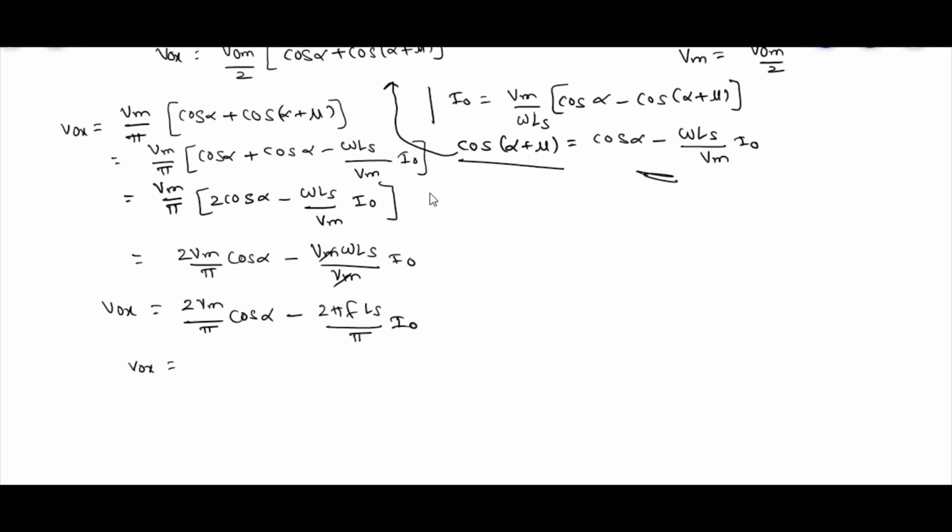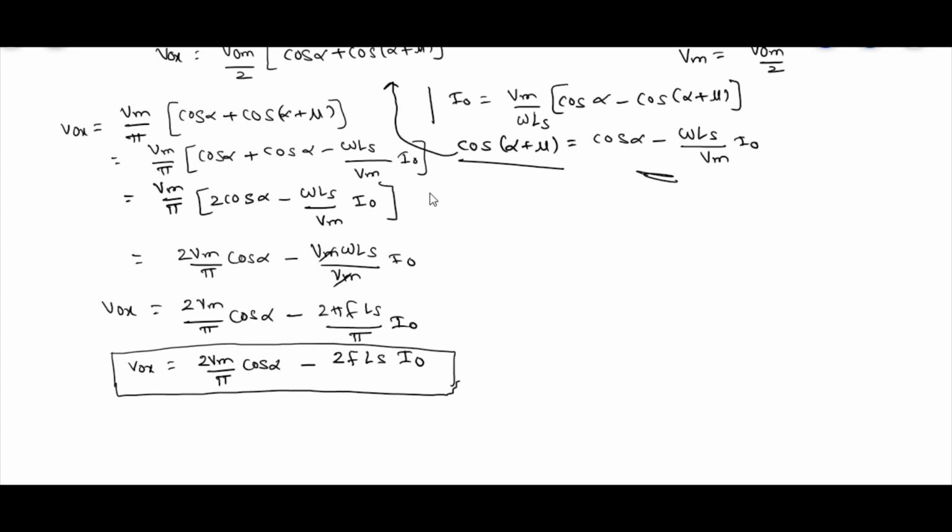So VOX will be equal to 2 Vm by pi cos alpha minus 2 f Ls into I naught. So this is the average output voltage if you consider the effect of source inductance.